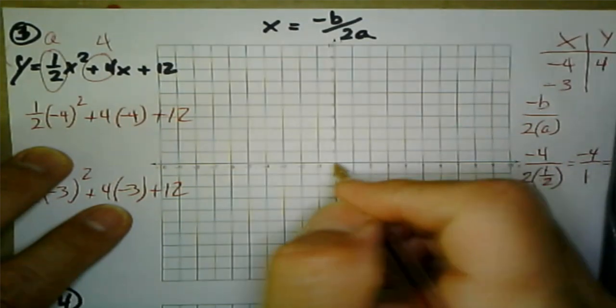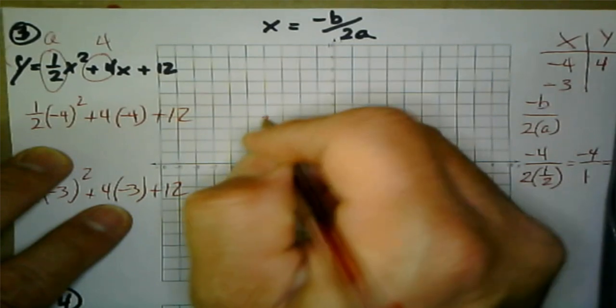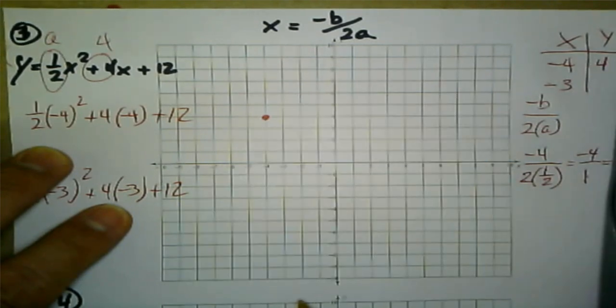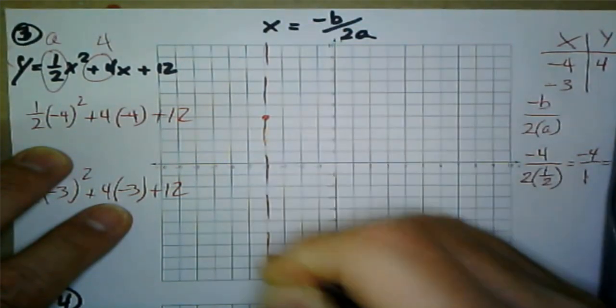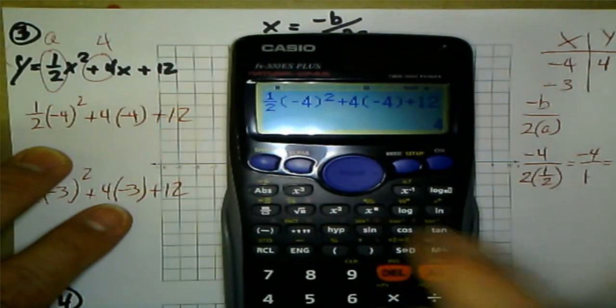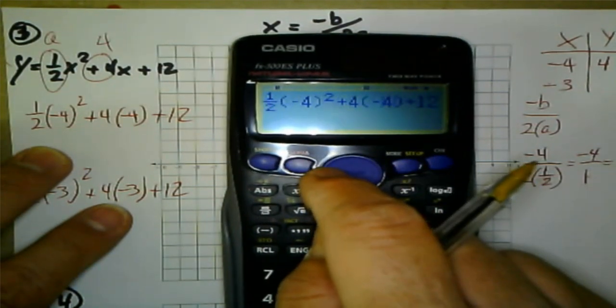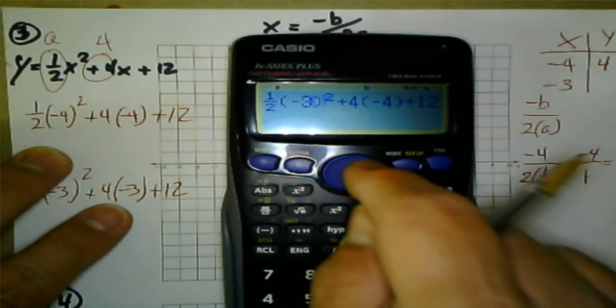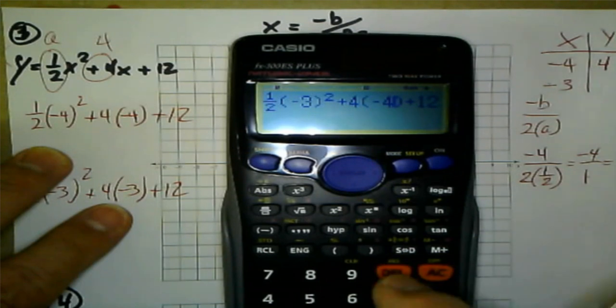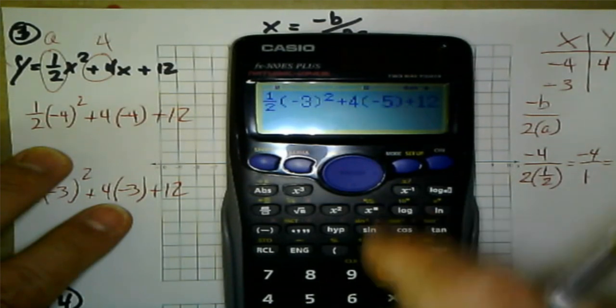Go in there, go to -4 and up to 4. That's the axis of symmetry. Go back to your calculator, change those to whatever you decide, -3s or -5s. Oops, can't be both.